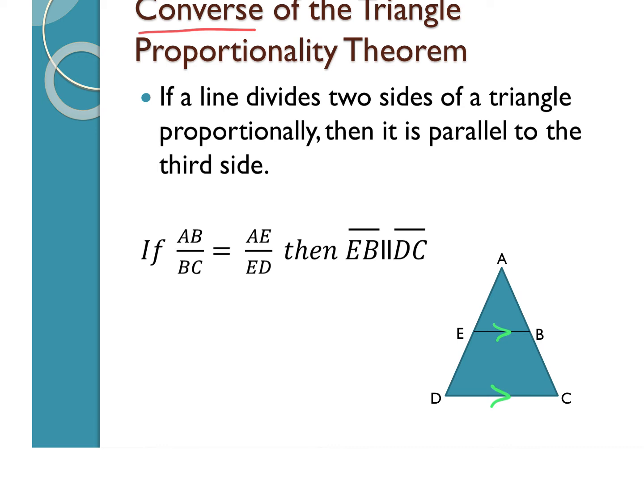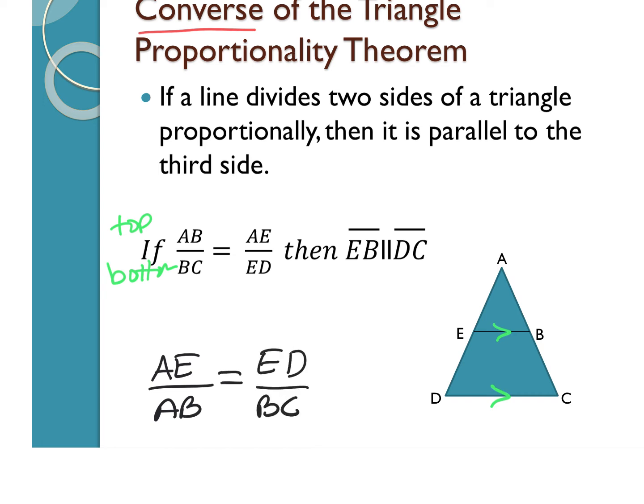Now again, this was top over bottom. So this was all the tops, these were all the bottoms. Again, I could also do it left to right, or think of it as side to side. So what we could have also done is AE over AB, and then ED over BC.